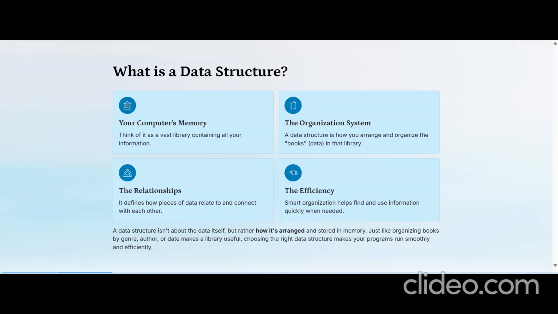Here you can see the first point, written: your computer memory. So it is saying that the data structure is about your computer memory. We can think of it as a library which contains all the information, like a library of a college or university. The second point written is the organization system.